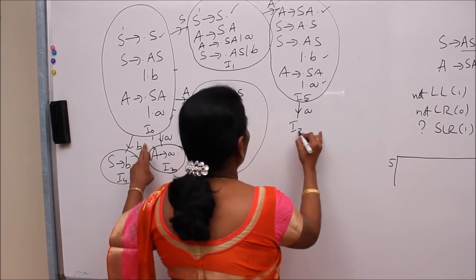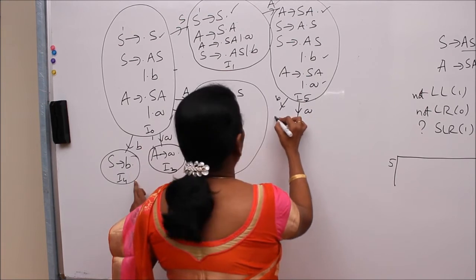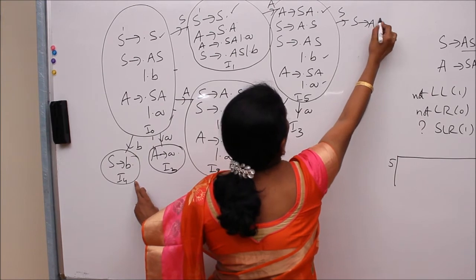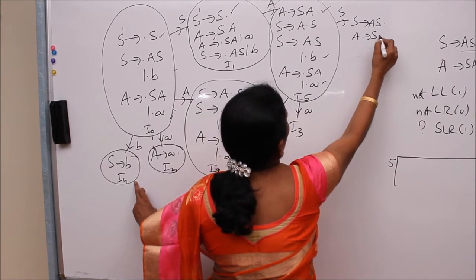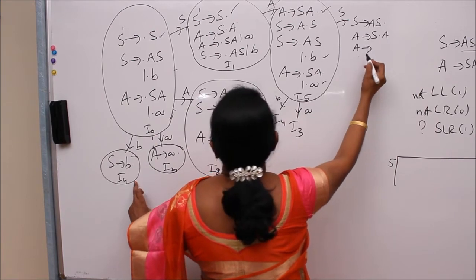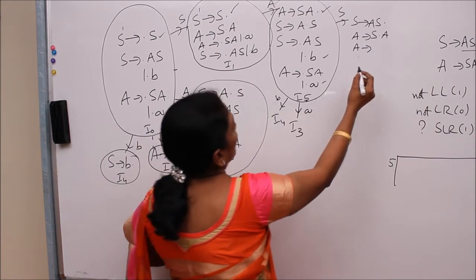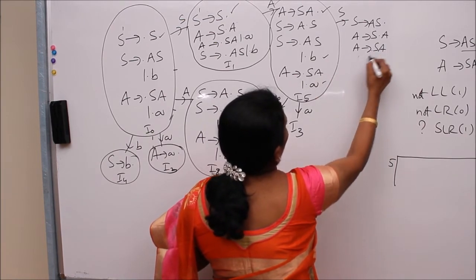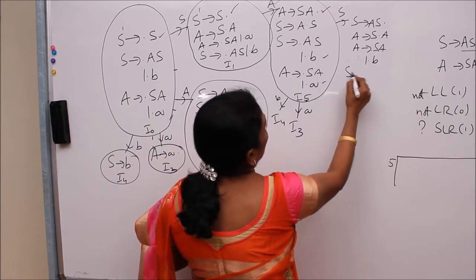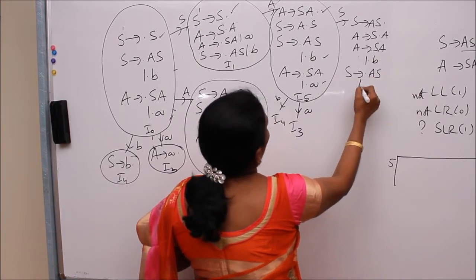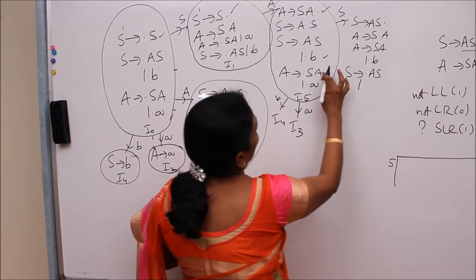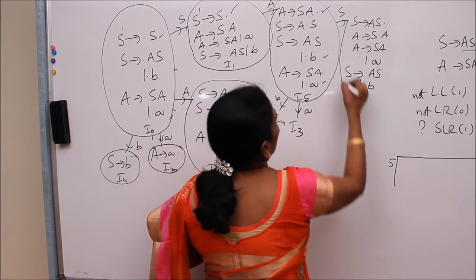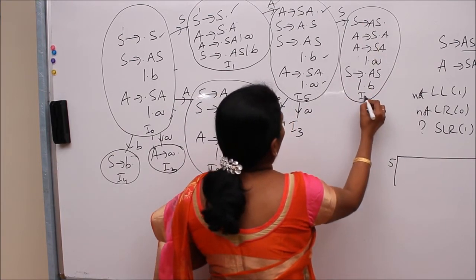On A it is I3, on B it is I4, and on S it is S2 AS dot, A2 S dot A. Now A2 dot SA, dot B. Because of S, S2 dot AS, dot SA or A here, dot AS and dot B. This is your I7.